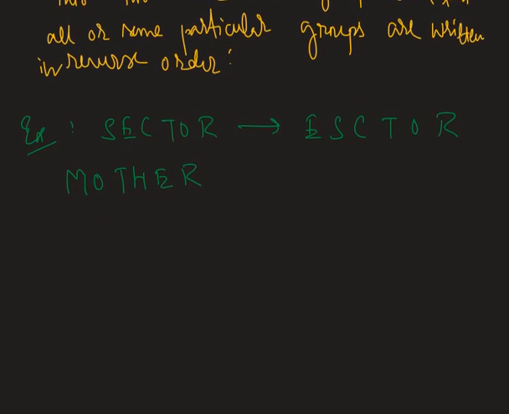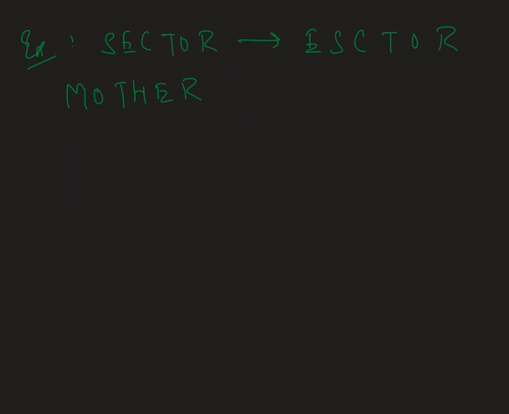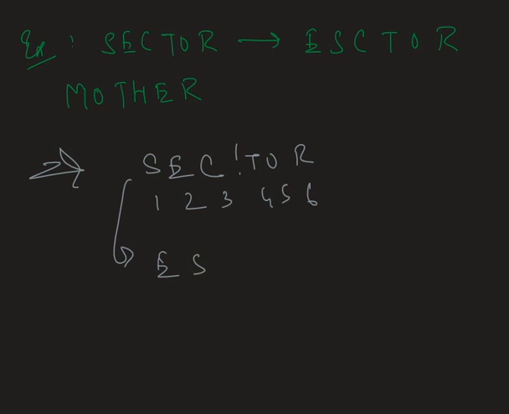First of all we give numbers to each letter, that is the position numbers in the word SECTOR: 1, 2, 3, 4, 5, 6. This is a 6-letter word and it is written as ESCTOR, that is 2, 1, 3 and 4, 5, 6.